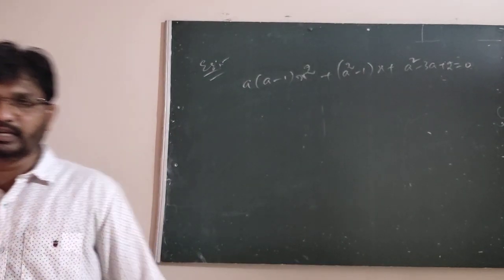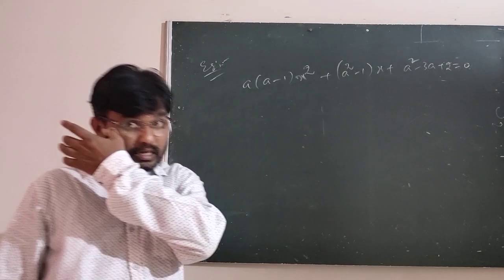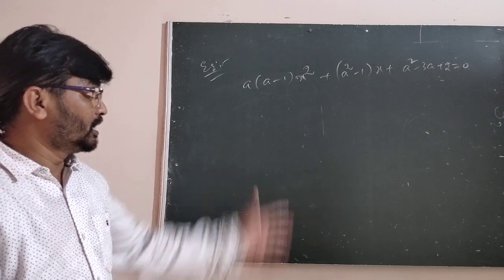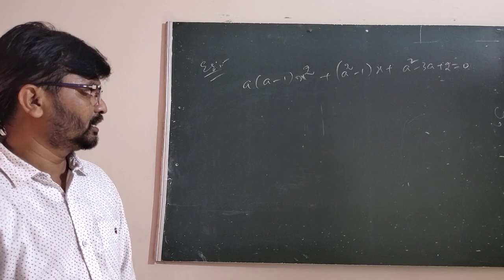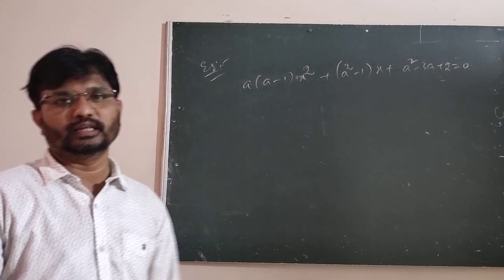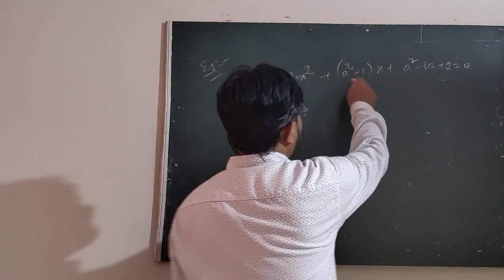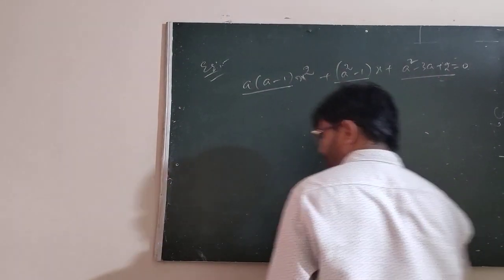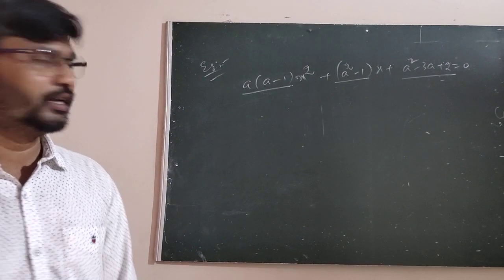Here the question is given that a into a minus 1 into x square plus a square minus 1 into x plus a square minus 3a plus 2 is an identity in x. Then find the value of a. Here we know that identity means it has infinitely many solutions.